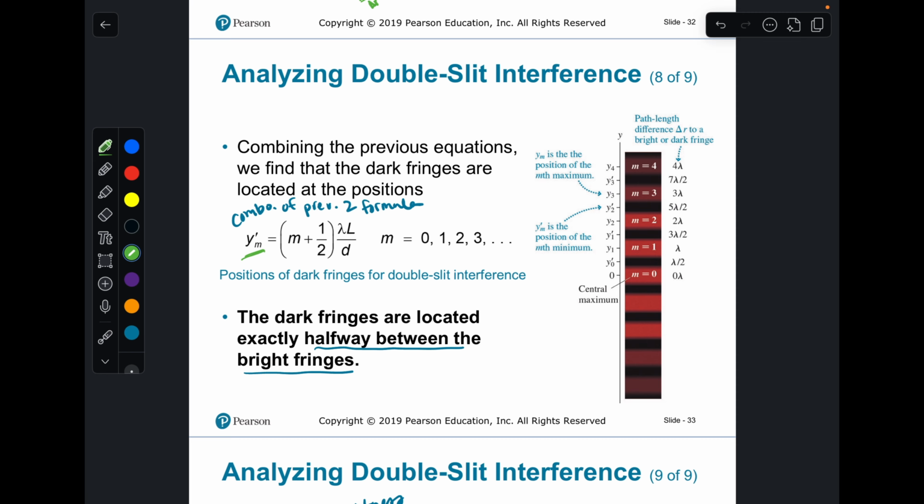From this, we can conclude that the dark fringes are located exactly halfway between the bright fringes.